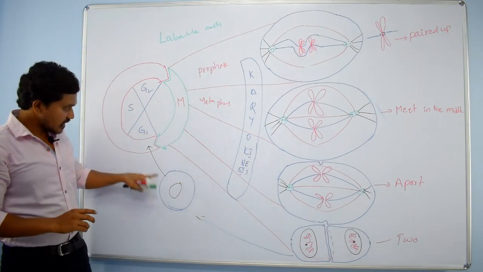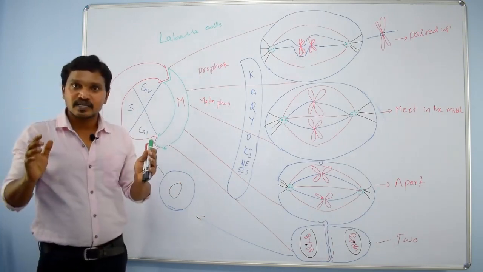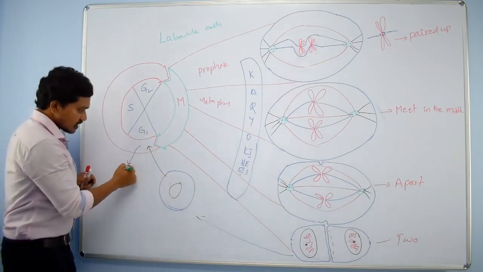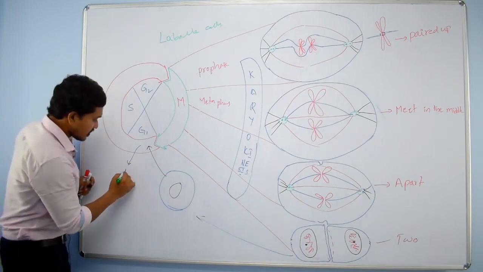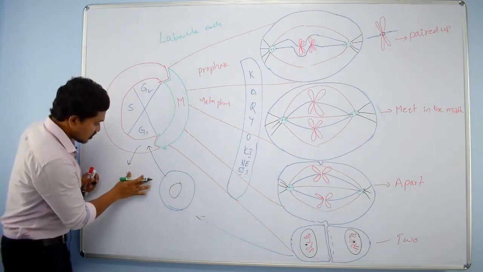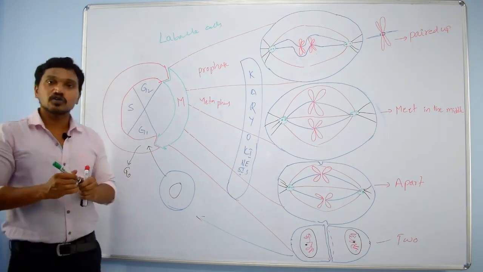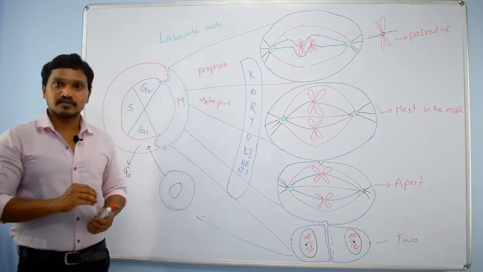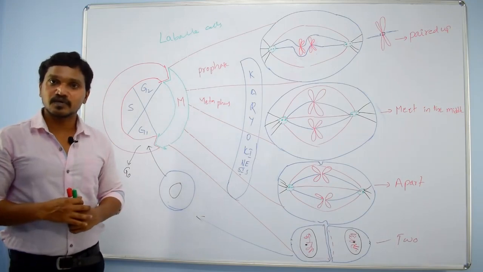Then another type of cells. Now once the cell enters into G1 phase, it will increase its size. Then once it increases its size, it comes out of the cell cycle and enters into G0 phase. This phase we call quiescence or G0 phase or resting phase, right.